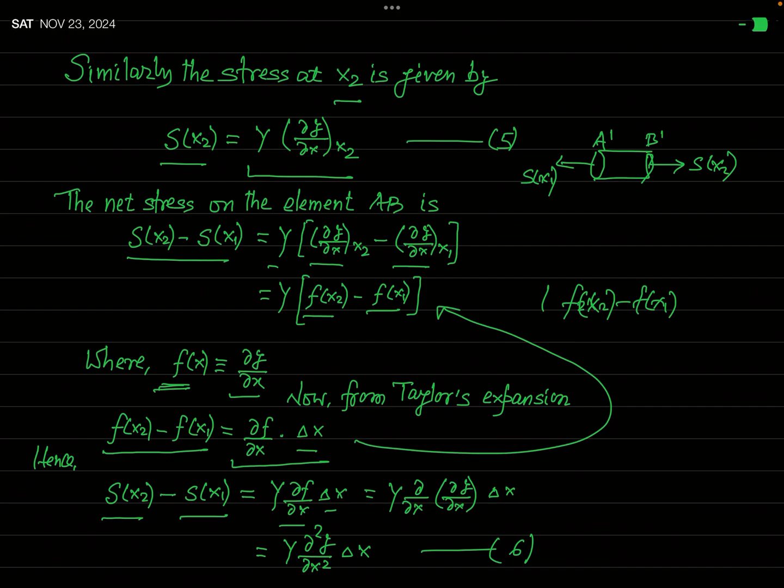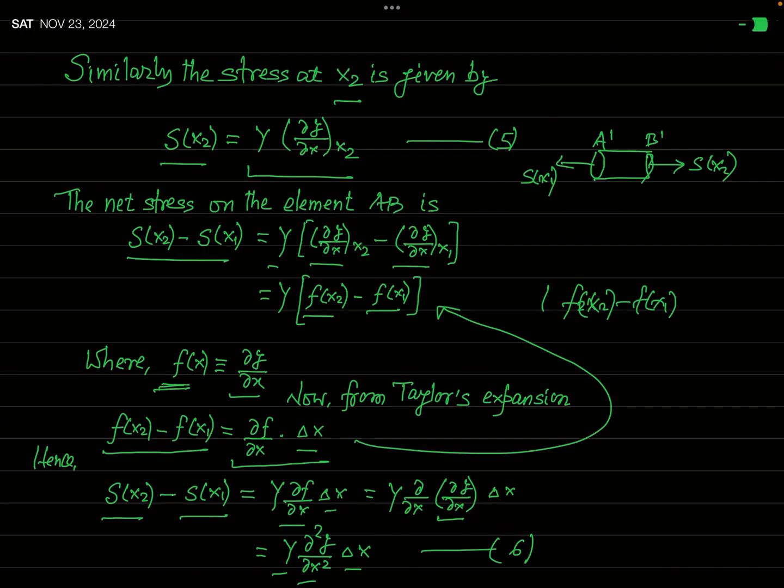So instead of f, you may write del y by del x. So S at x2 minus S at x1 will be equal to capital Y, Young's modulus, times del 2y by del x square times delta x. Okay, so in this way we have obtained the value of the net stress acting on the element AB under our consideration.